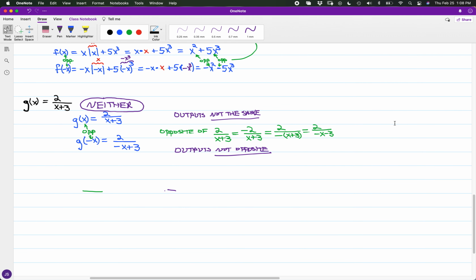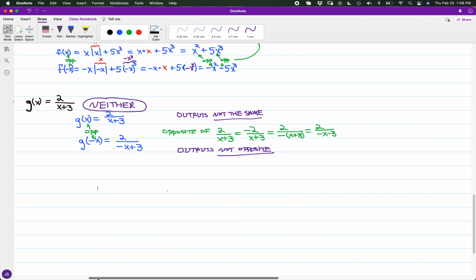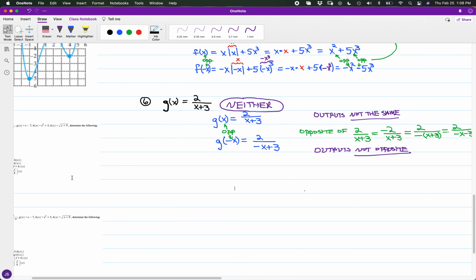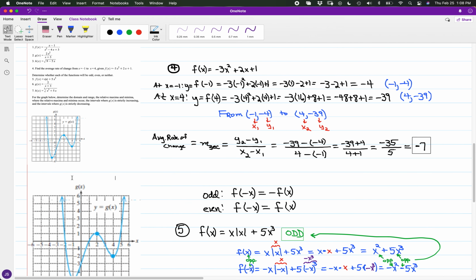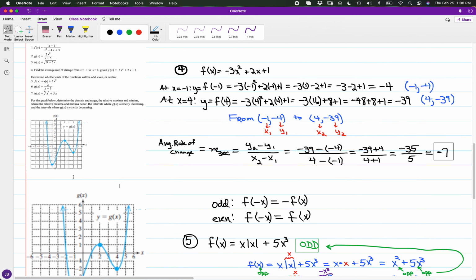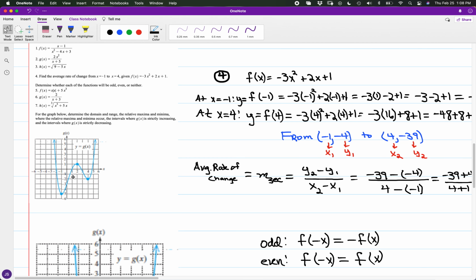Now, what we have with number 7: you have h of x is equal to the cubic root of x cubed plus 5x.